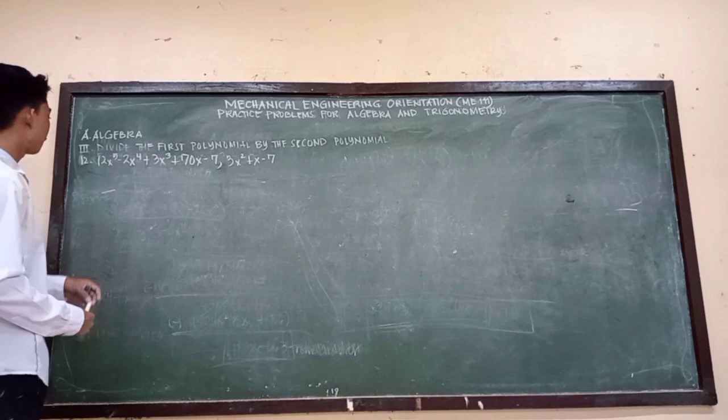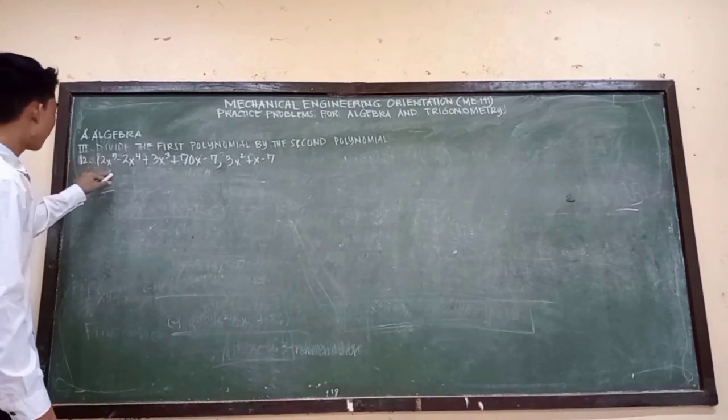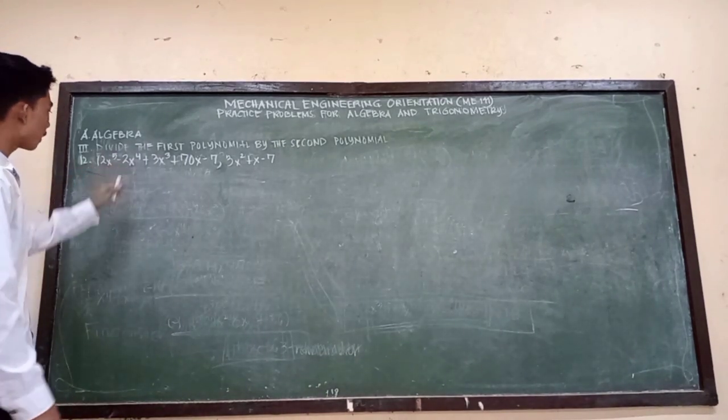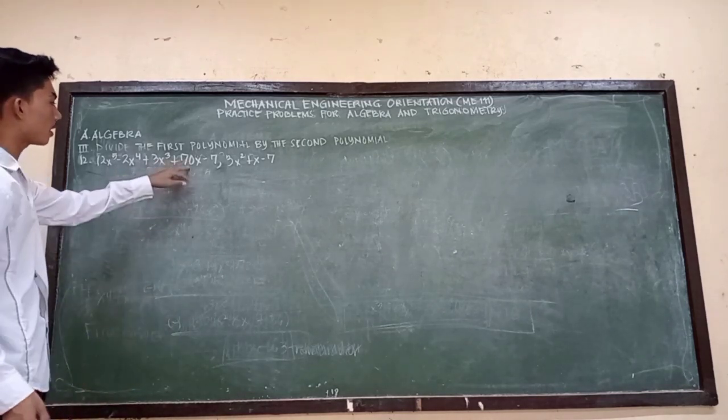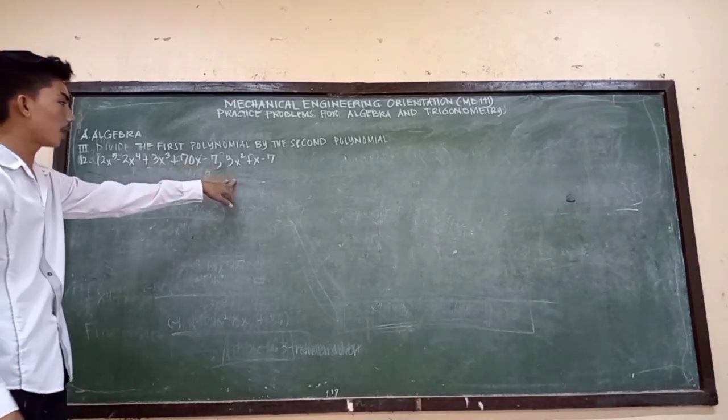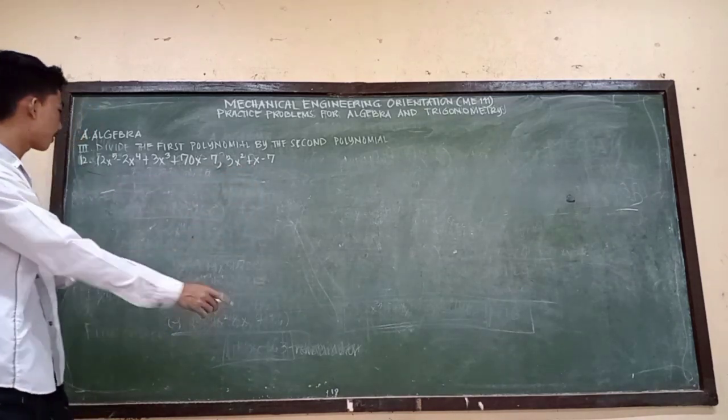We're now here at our problem number 12. 12x to the fifth minus 2x to the fourth plus 3x cubed plus 70x minus 7 divided by 3x squared plus x minus 7.